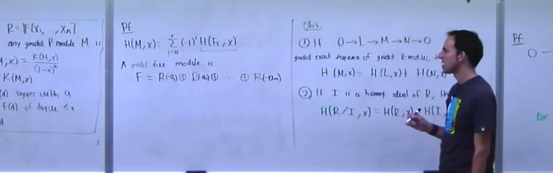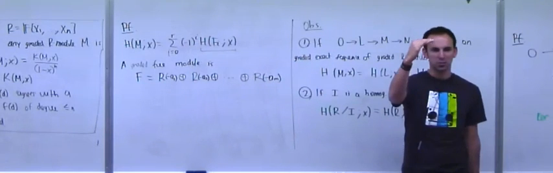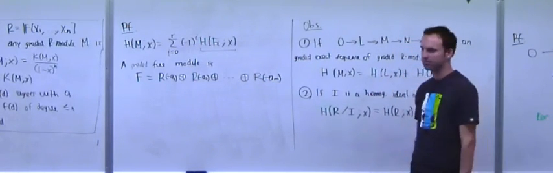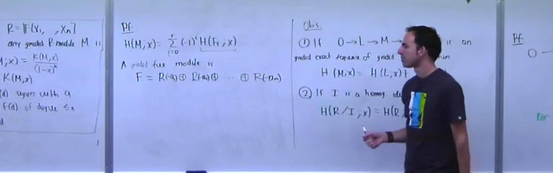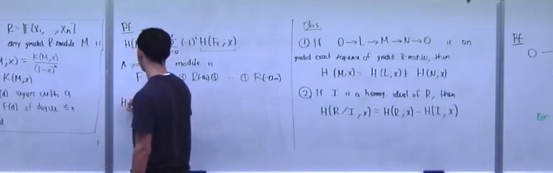Okay? So this is like R to the M, but then the top coordinate I choose to shift it by something, the second coordinate I shift it by something else, etc. Okay? So then what's the Hilbert series of F?